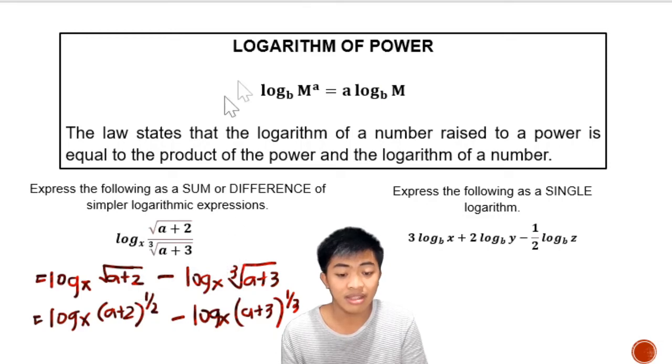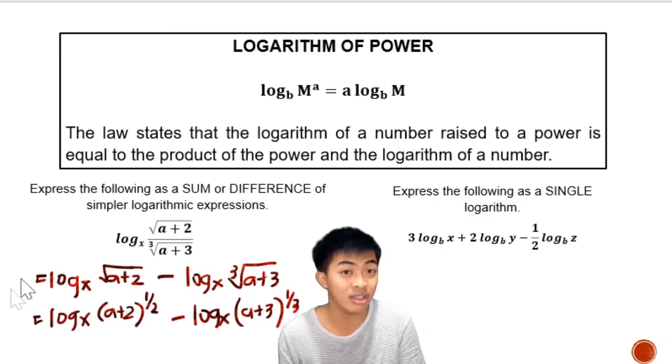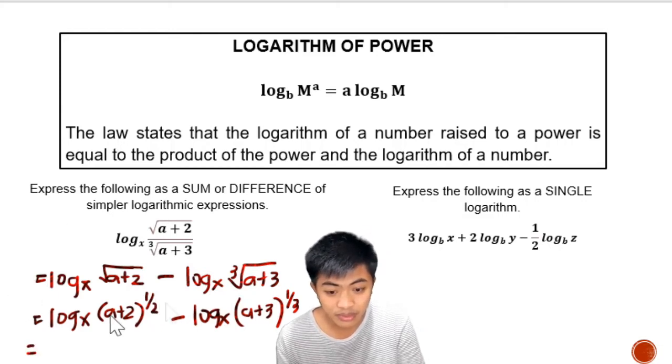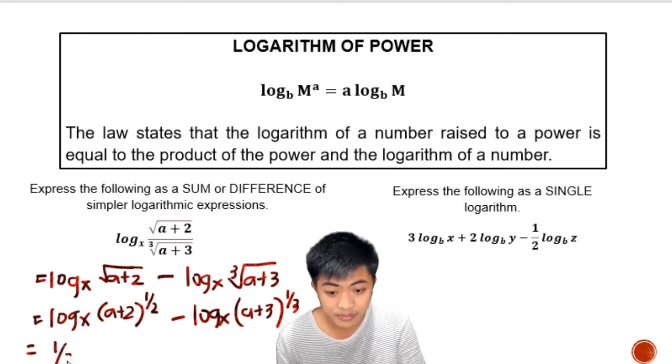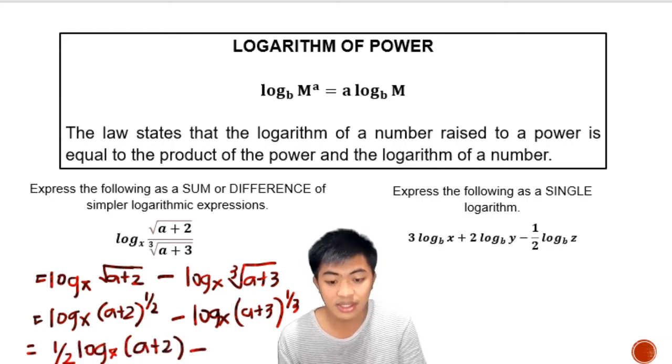Now we can apply the logarithm of power. If the argument is raised to an exponent, we get the exponent and write it before the log expression. So the exponent of the argument is 1/2. And so now I can write the log expression, minus, we get 1/3, the exponent of the argument.